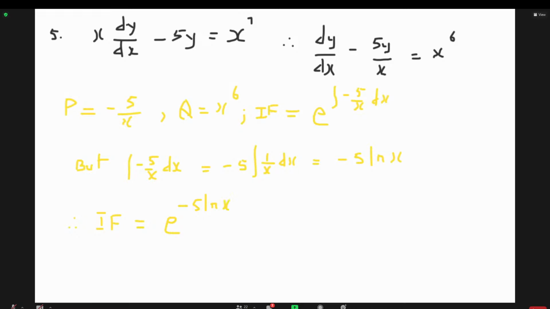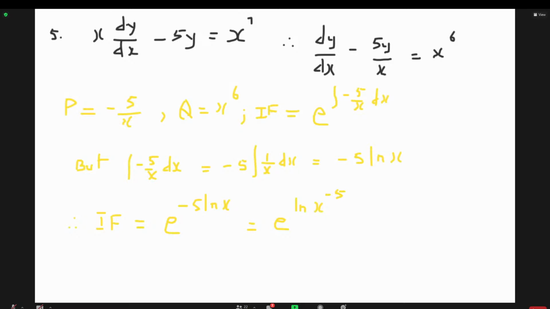All right. Okay, but again, you remember from your log days, the log of x squared is 2 log x, right? Remember the power goes in front, right? And similarly, we could do the reverse. Which is equal to e to the ln x to the minus 5.